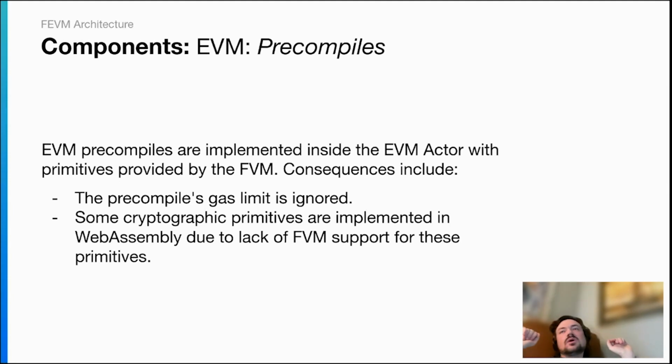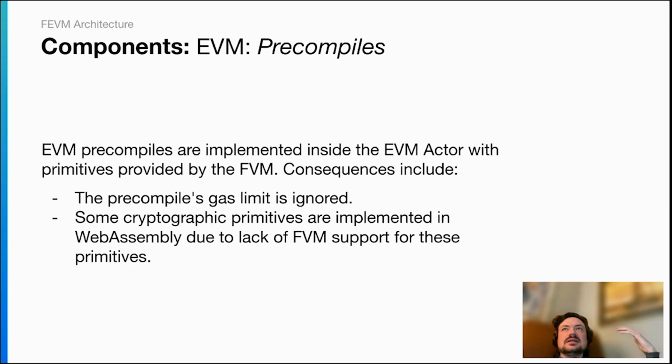So in many cases, we're able to get away with simply implementing this inside of the EVM actor instead of inside the FVM. In a couple of cases, for example signature validation and some hashing, we delegate to the FVM itself. But basically, we've implemented the precompiles themselves inside the EVM actor, and then those precompiles will occasionally call out to the FVM to perform some really expensive operations.